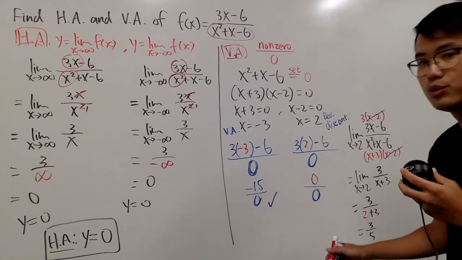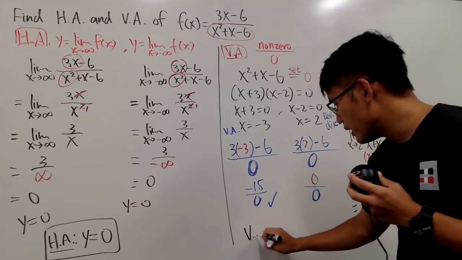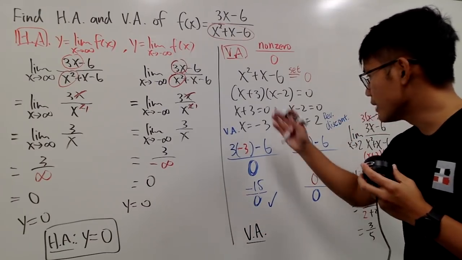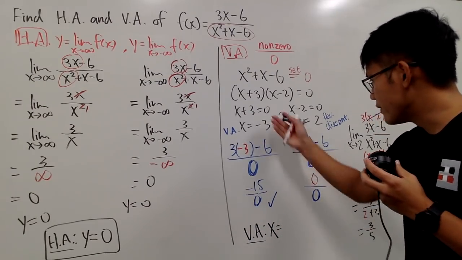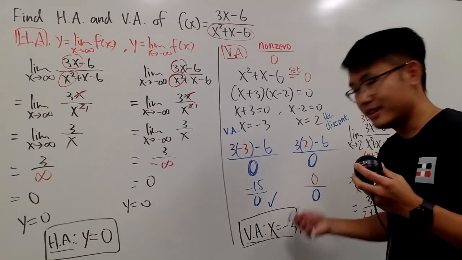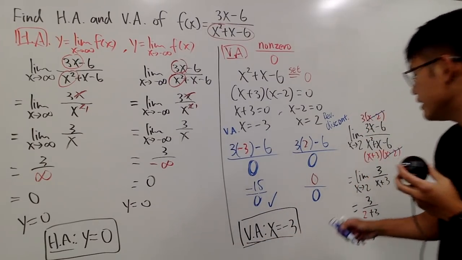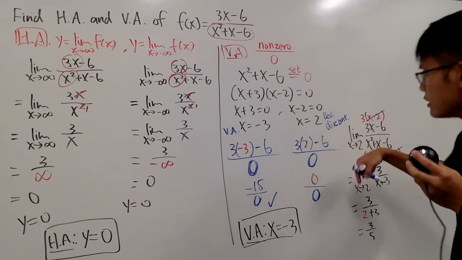And in the end, we'll just write this down for you guys right here. For the vertical asymptote, we only have that. And you write it down in the formula of x equals whatever this is. So just x is equal to negative 3. This is it. And in addition, if the question is asking you for removable discontinuity, this is what you do.